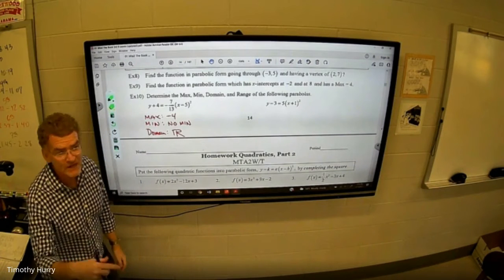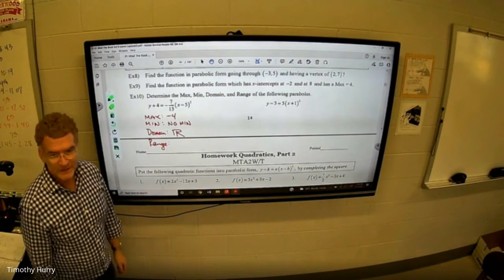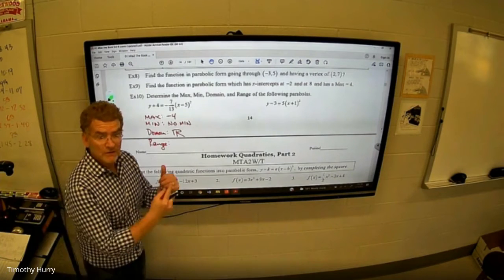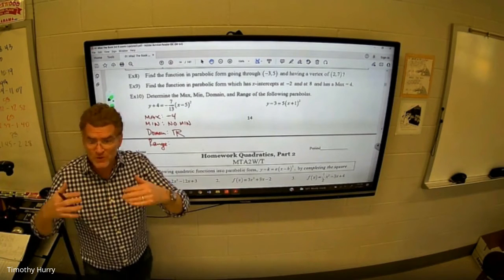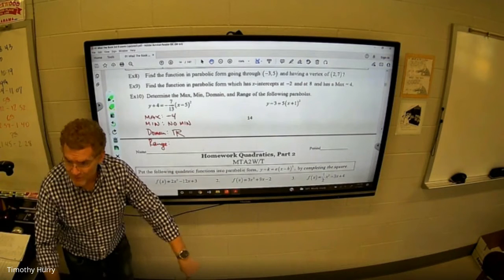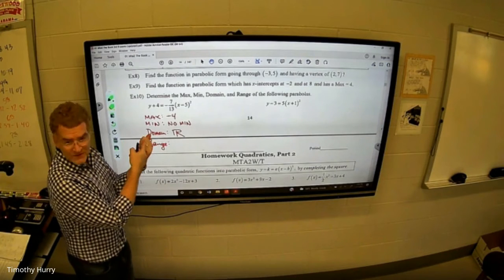Now, the range you've got to think a little bit about. What is the range? Now, range means what? That's right. From those x values, which y values show up? Now, this particular graph went down forever and up to the max, -4.